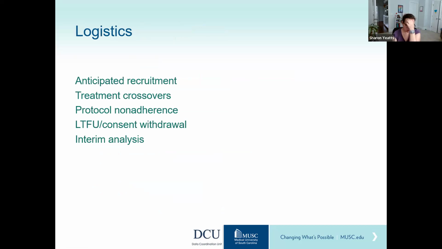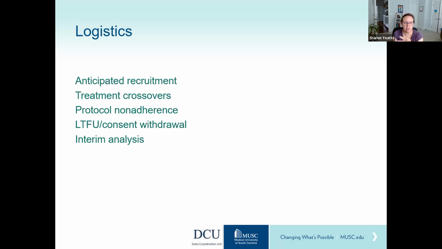I do want to encourage you as well to talk with your collaborators about any of these logistical challenges that may impact what you can do in your particular study design. So anticipated recruitment may make an adaptive design not really worthwhile if you're going to enroll patients super fast or super slow.